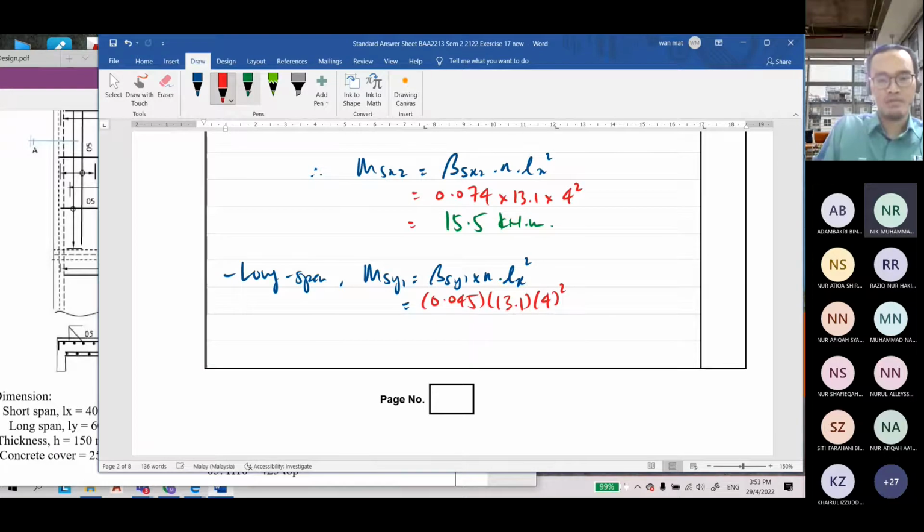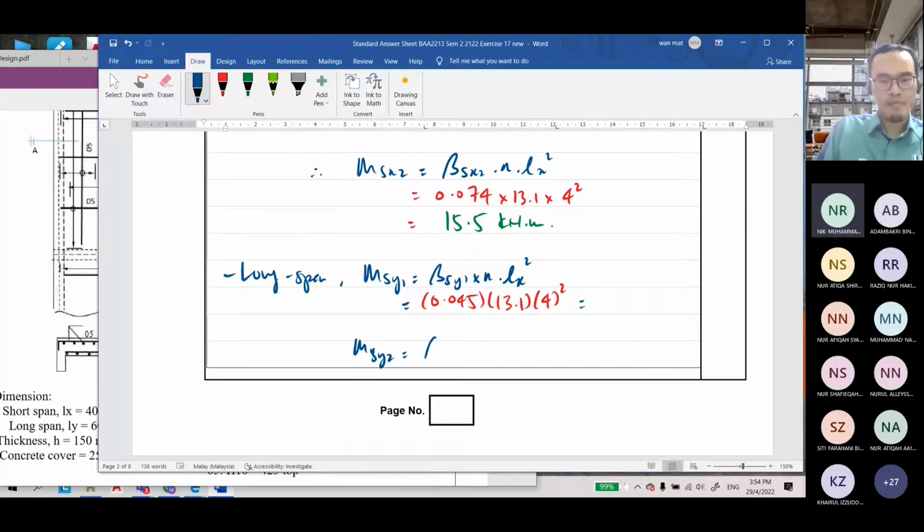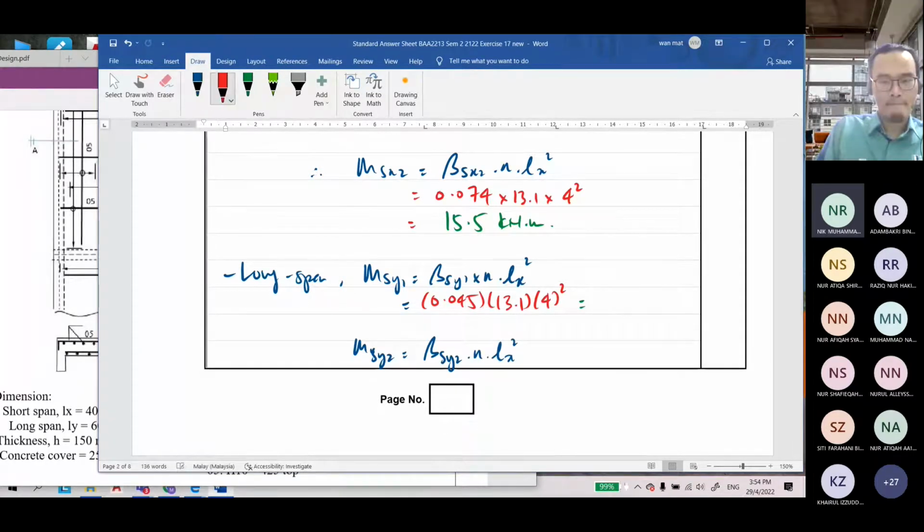And then how about MSY1? Any answer? 7.1. Okay, good. 7.1 kilonewton meter.